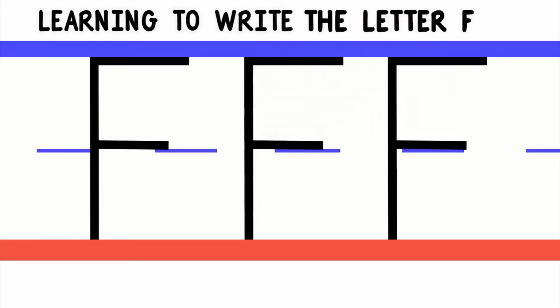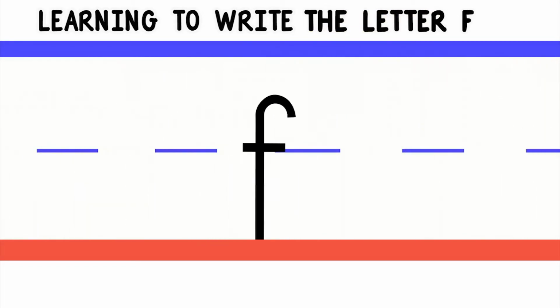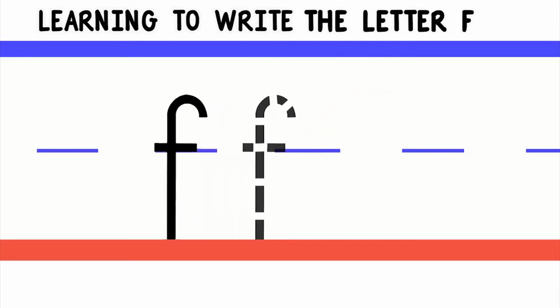Great work! Now let's learn how to write lowercase f. To do lowercase f, we'll start in the corner and do a curved line all the way to the top. Then we'll follow it all the way down in a straight line to the bottom. Then we'll go to the middle and draw a little line straight across. Let's do that again.